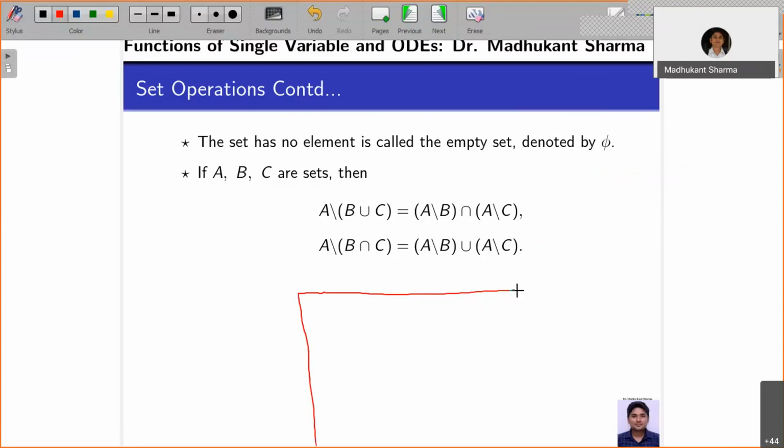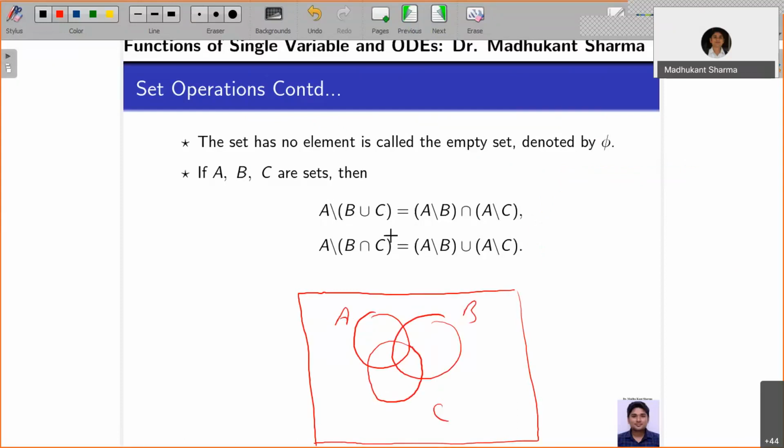So this is a universal set, let's say U, and you have A, B, and C. So what is A minus B union C? B union C is this region, and so this is your A minus B union C.